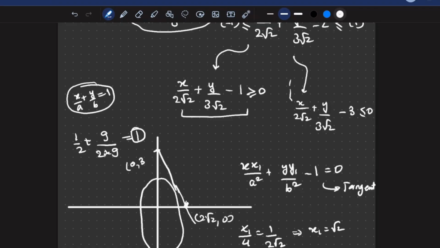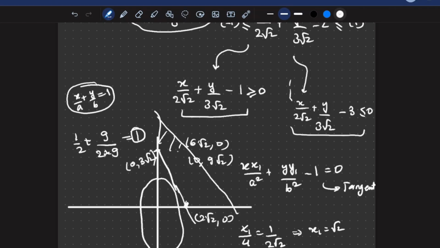You'll come to know. I'm doing this to find the relative position of this line with respect to this line. If I use the same form over here, I'll get the points where it intersects the axes as 6 root 2 comma 0 and 0 comma 9 root 2, which is fairly above this line.